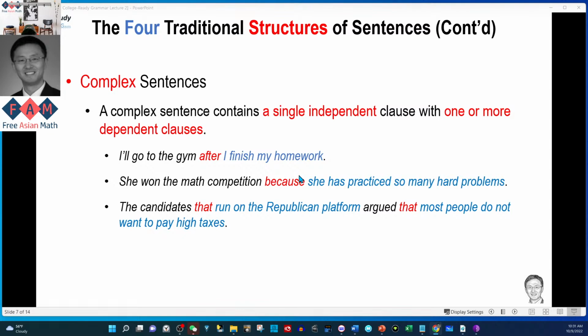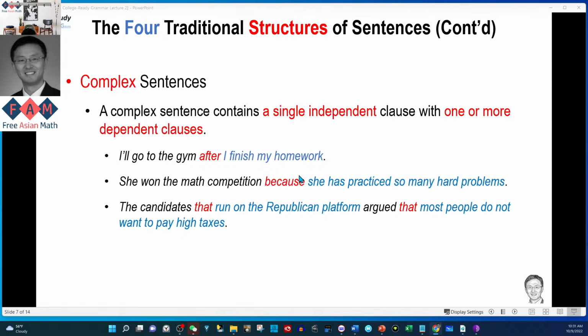How about the early part? That run on the Republican platform. This could be a complete sentence because it does have a subject, which is "that." Well, you may get a little bit confused.